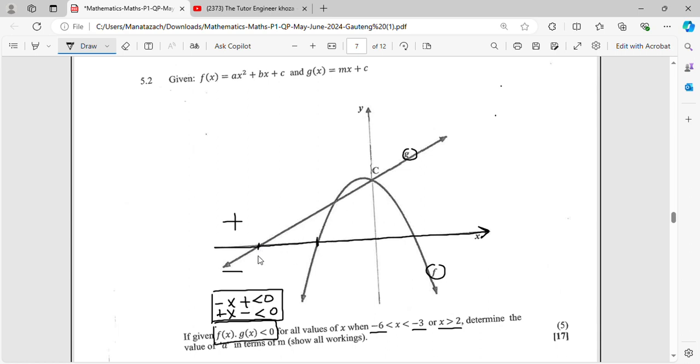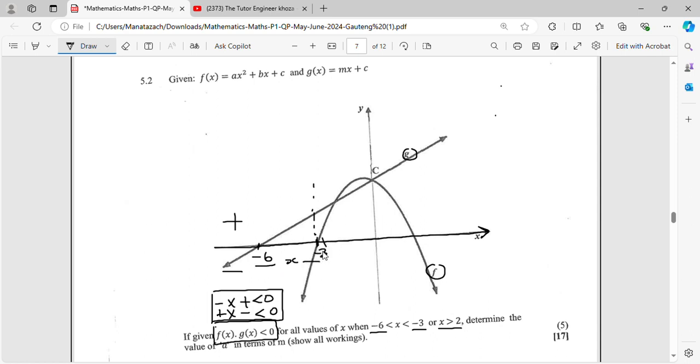If this is -6 and this is -3, that would mean all the values of x that are between this area.